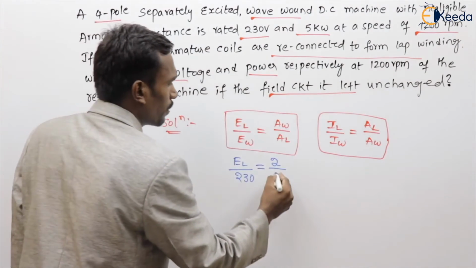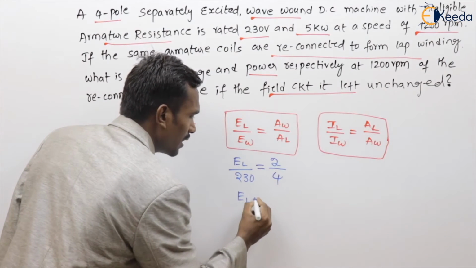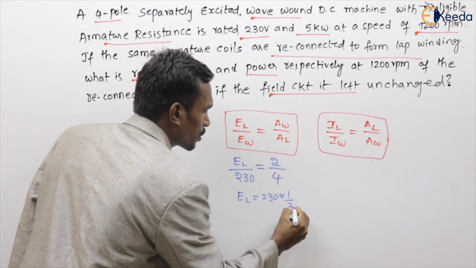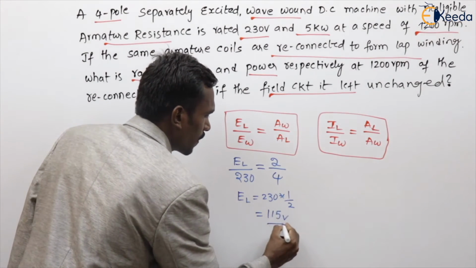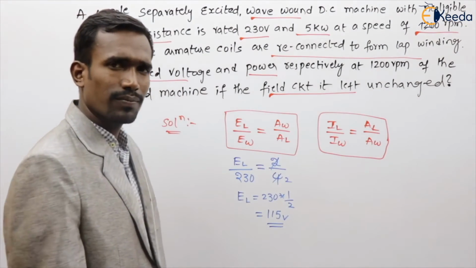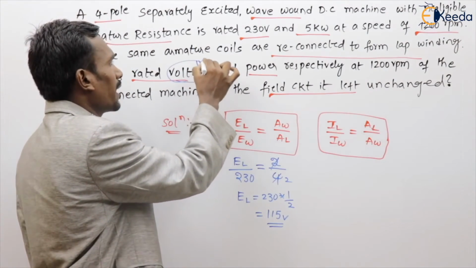This is a 4-pole machine, so 4. So EL is equal to 230 into 1 by 2, nothing but 115 volts. 115 volts is a very easy answer, and the voltage is completed.